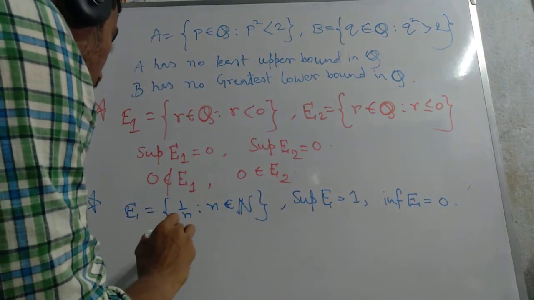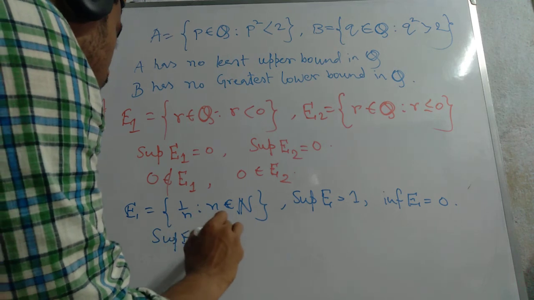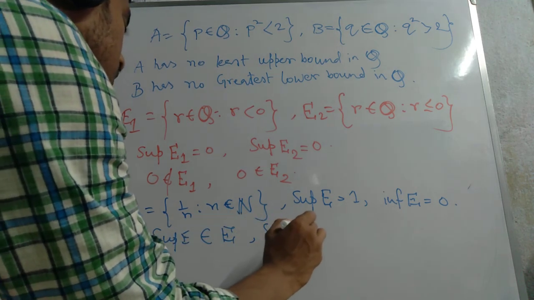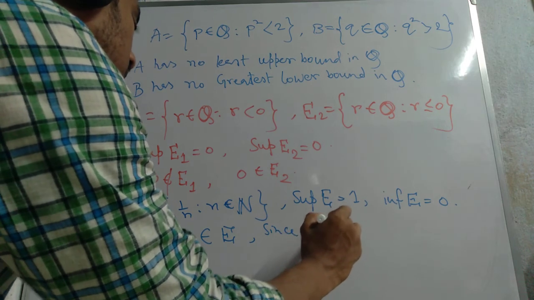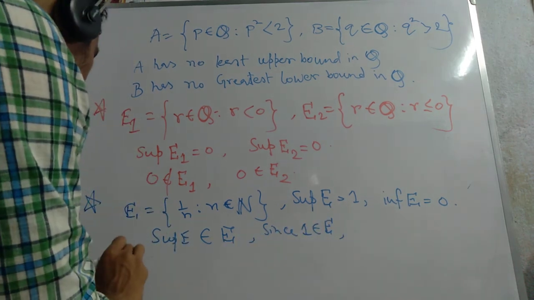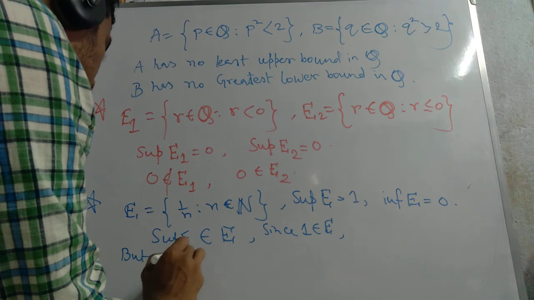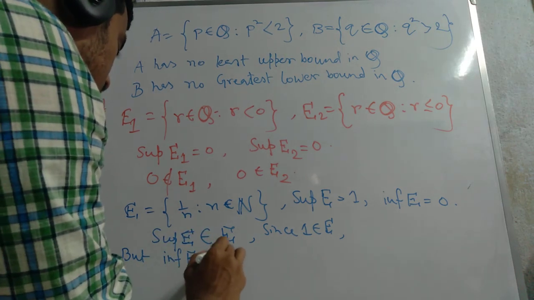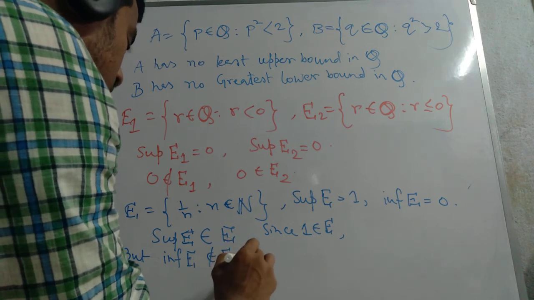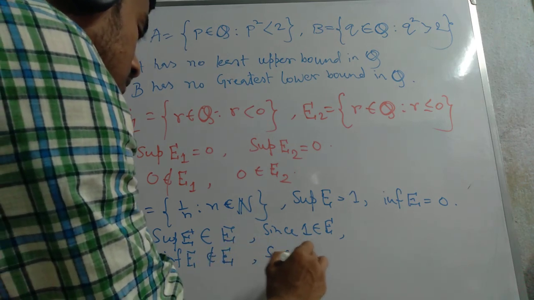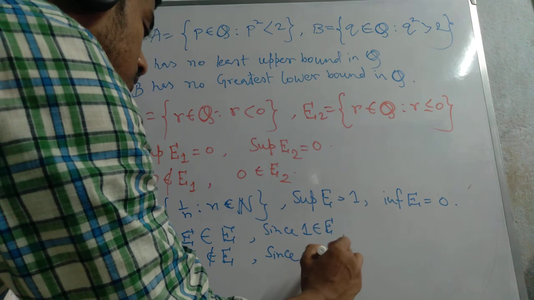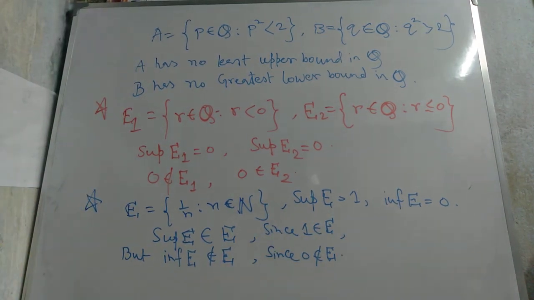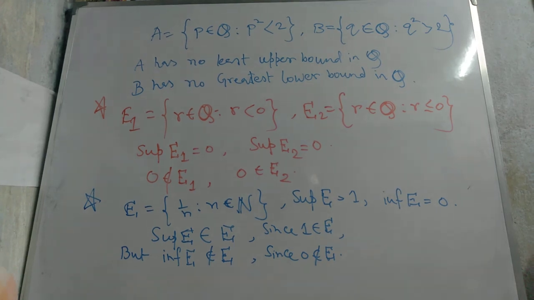Here the supremum of E belongs to E since 1 belongs to E, but the infimum of E does not belong to E since 0 does not belong to E. Okay, today we stop here.